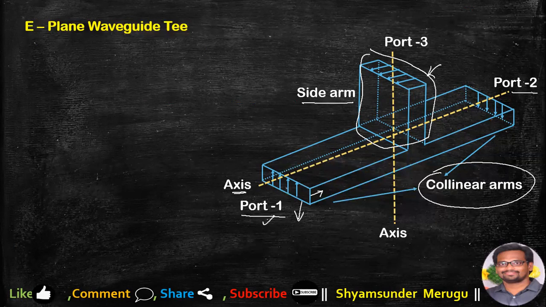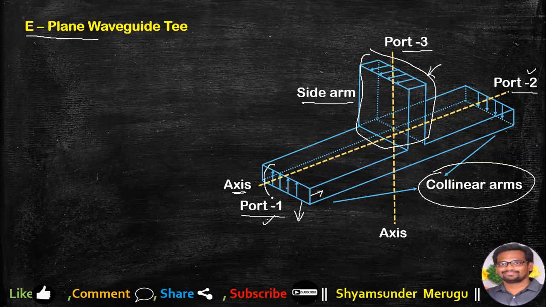If this is port 1 and this is port 2, the side arm indicates port 3. Here we can see power combination and power division can occur in the E-plane waveguide T. At the same time, we define this as an E-plane waveguide T based on something we can observe in the structure. If we apply the signal here, we can get the output from port 1 and from port 2.